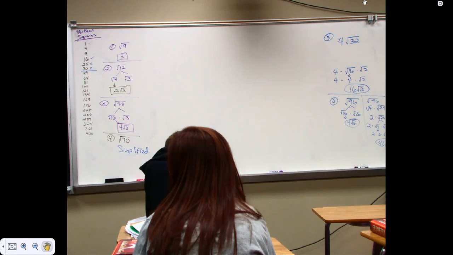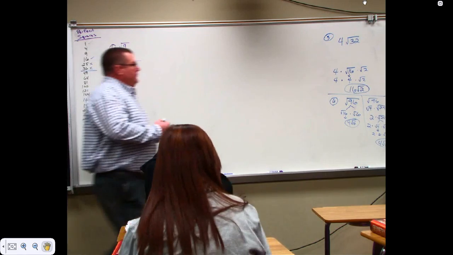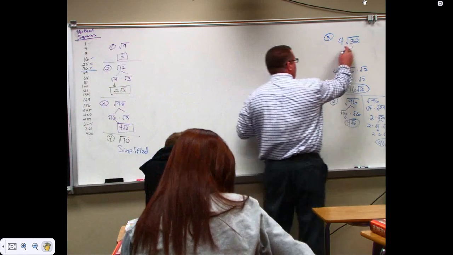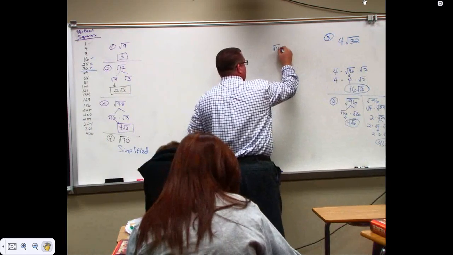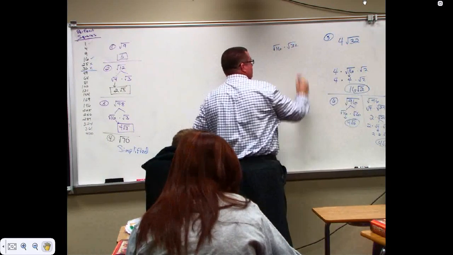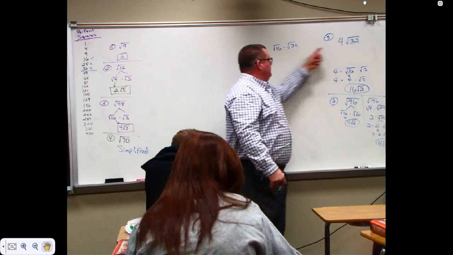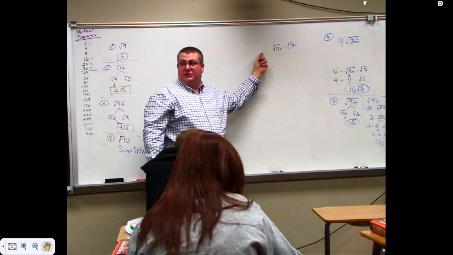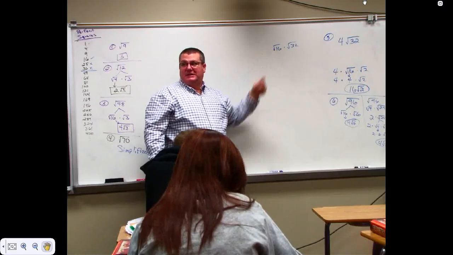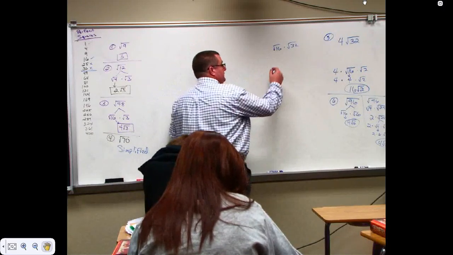Look at this one. Am I going to confuse you? Is this the same thing as that? Yes. Isn't it? The square root of 16 is what? 4. What's 16 times 32? I don't know.